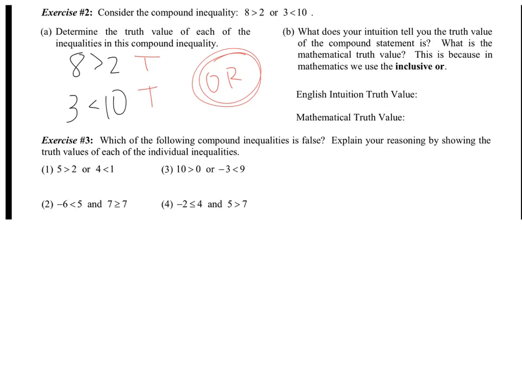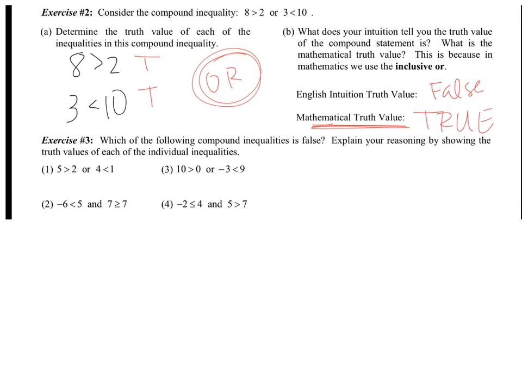So the English version of that says that just one of them has to be true. So the intuition would mean one or the other. So you would think that because of the word or, it's false, but the mathematical truth is that it's true because only one of them has to be true in order for the overall to be true.